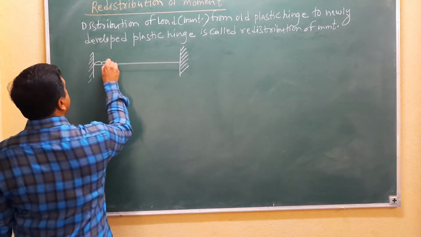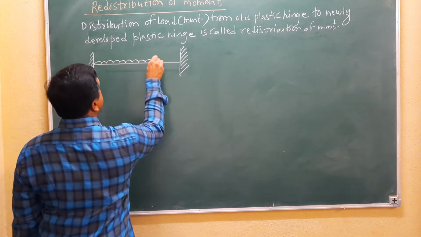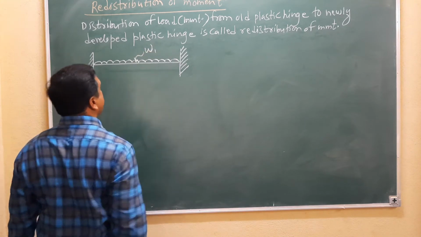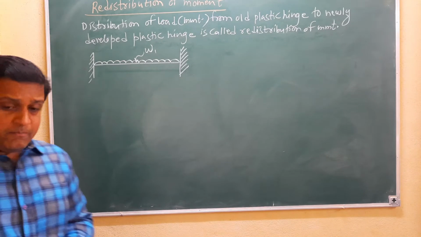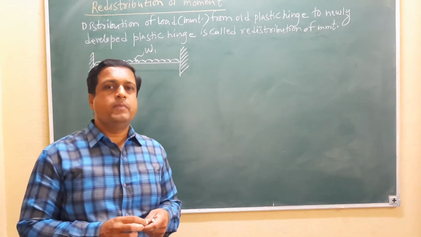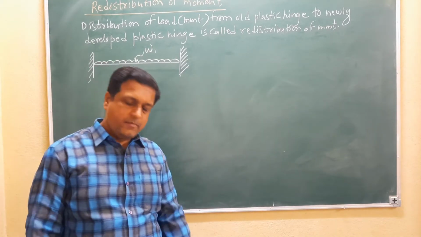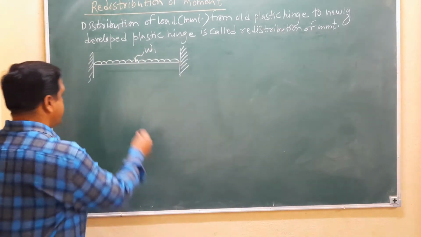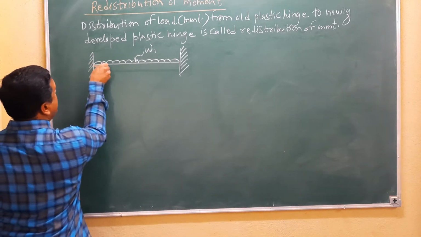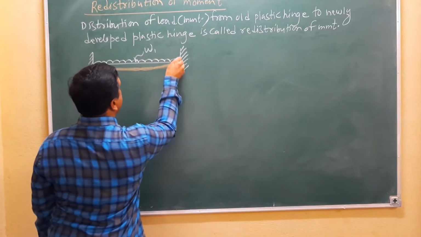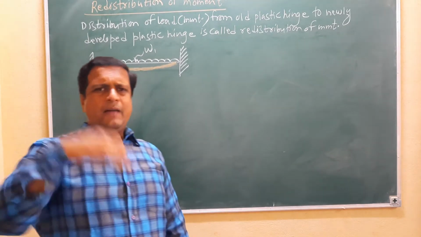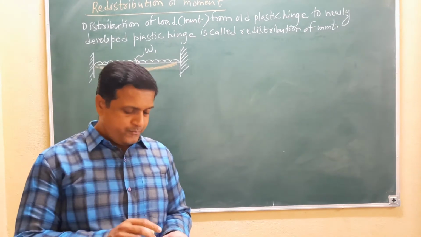When we apply the load W1 on the fixed beam, the beam wants to bend up to its elastic limit, like this. So this is the bending behavior of a beam under the applied load up to the elastic limit.